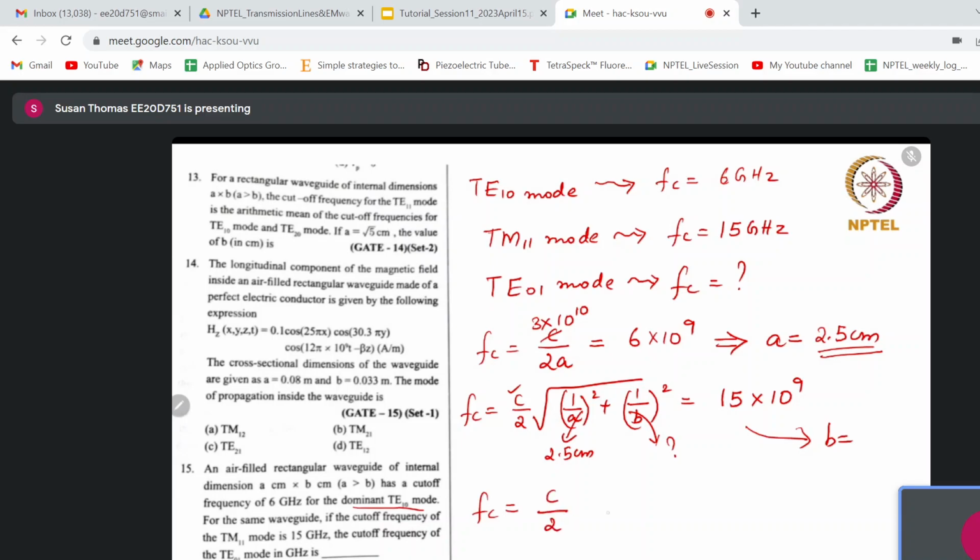C by 2 into square root of 1 by B squared, so C by 2B. Once you get the value of B, substitute here, you will get the cutoff frequency for TE01 mode. While solving, you must be getting B value as 1.09 centimeters, and finally the cutoff frequency you must be getting 13.75 gigahertz.